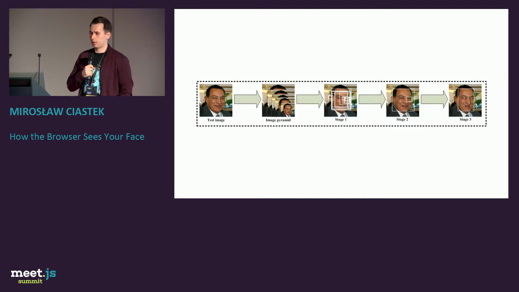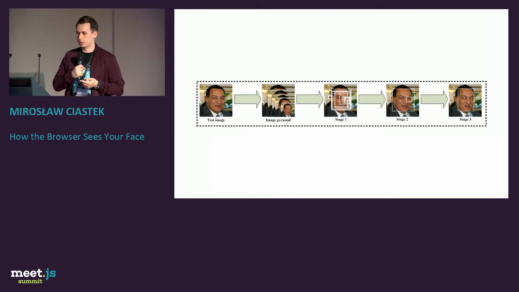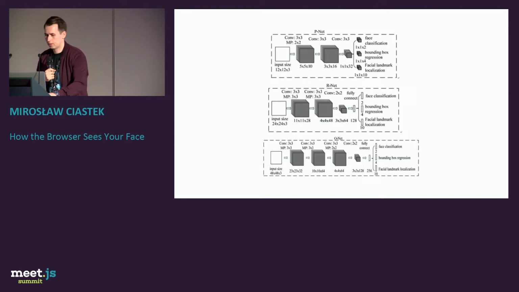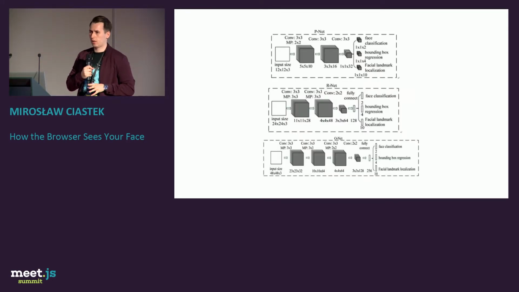So how does this MTCNN work? We get our test image, and we create the pyramid of the image, so these are the scaled down images. We feed the network with them, then we get the proposals, then we get the refinement, that's stage 2, and in the final stage, we get the output. And here's the architecture of how this network looks.